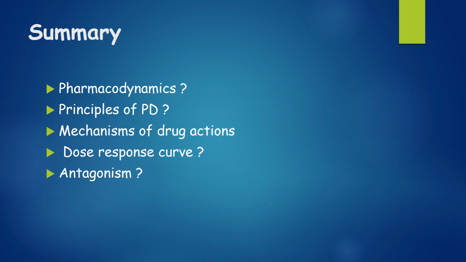And also I have mentioned the dose response curve and its uses, like efficacy, potency, and competitiveness. We have already seen the dose response curve, and also antagonisms, what antagonism is and the different types of antagonism, and also synergisms, additive synergism and superadditive synergism.